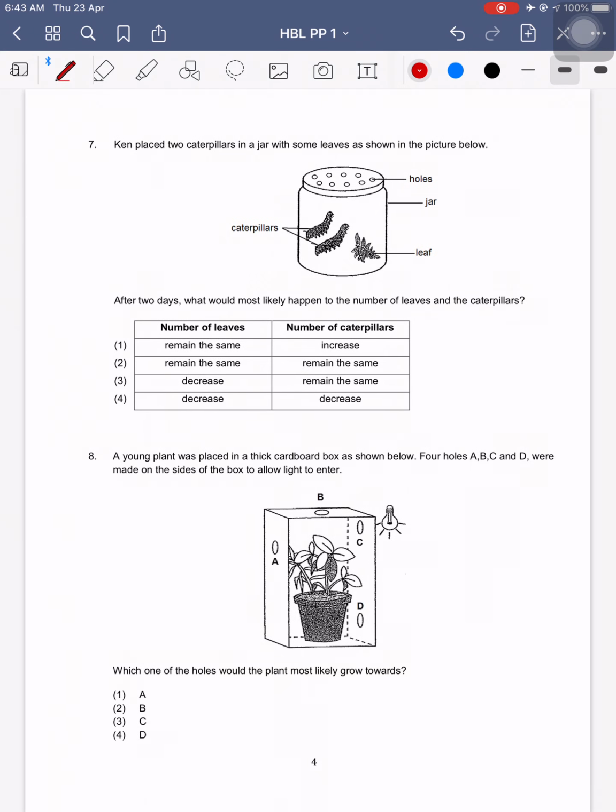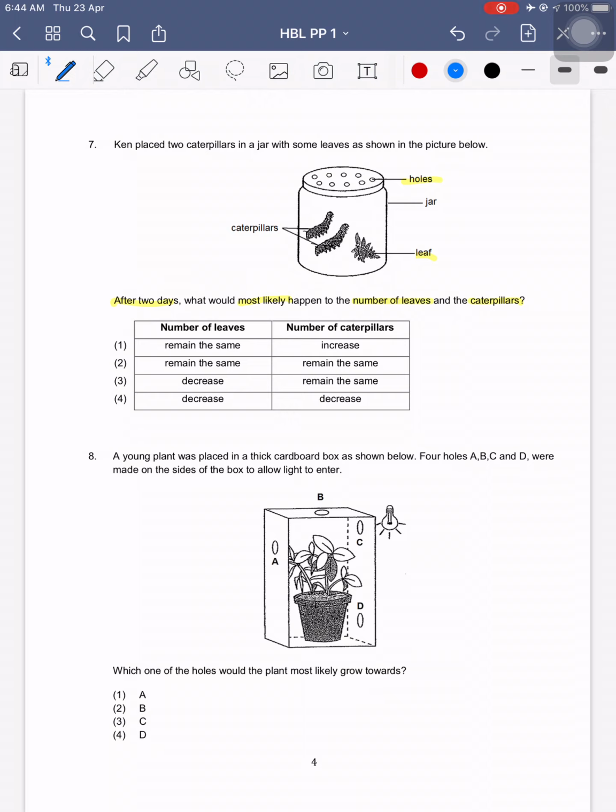Okay, next question 7. Now Ken placed 2 caterpillars in a jar with some leaves as shown in the picture below. So over here, they say that there are holes, and inside there are leaves. So you have the 2 caterpillars. Now after 2 days, what would most likely happen to the number of leaves and also to the caterpillars?